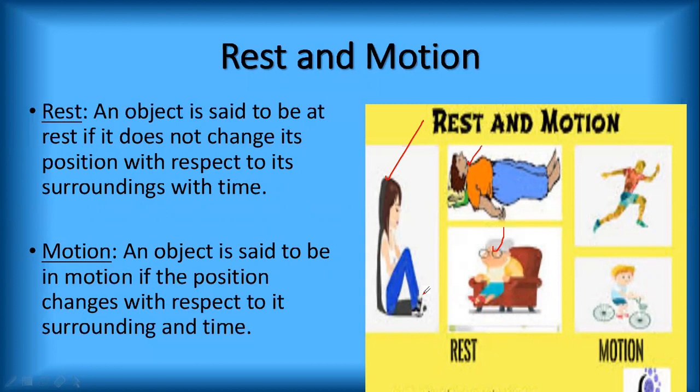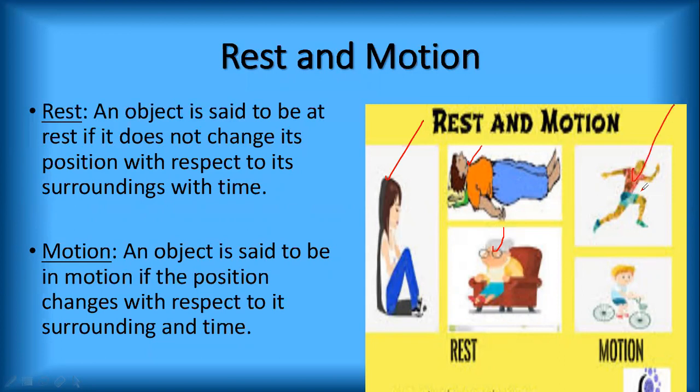Now, motion. An object is said to be in motion if the position changes with respect to its surrounding. So if a body is changing its position with respect to its surrounding, the body is said to be in state of motion. For example, this player or athlete is running.